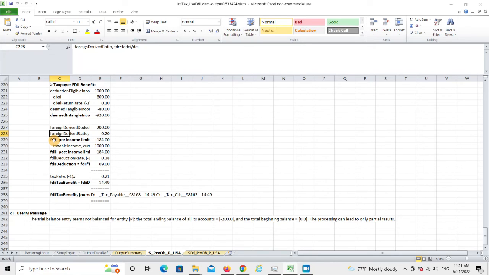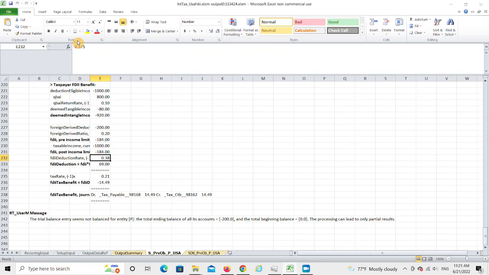So the FDII income, foreign derived intangible income, 20% of that is 184. And we see that it cannot be more than the total taxable income, which is 1,000. So the FDII post income limitation is still 184 because it's within the limit.